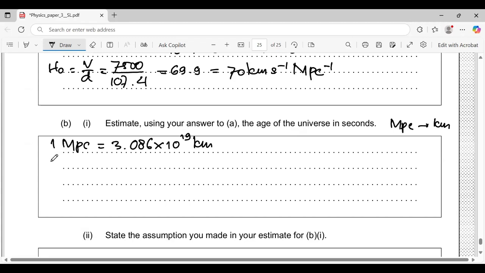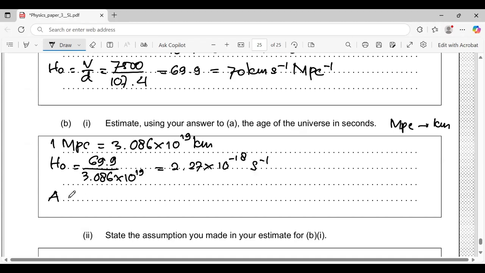So it means H0, the Hubble constant, equals 69.9 over 3.086 times 10 to the power 19. And the result is 2.27 times 10 to the power minus 18 per second.